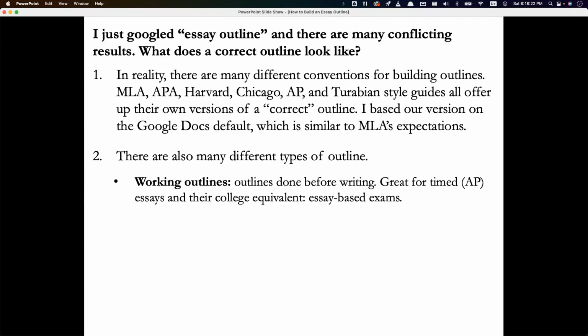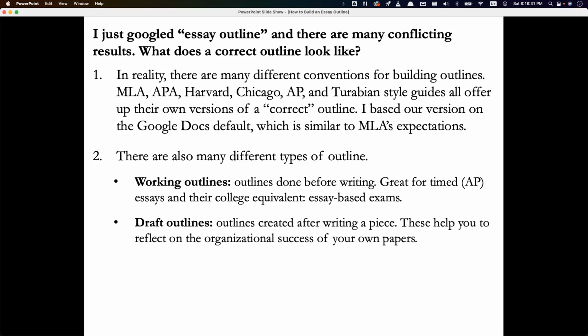They are also very helpful prior to the college equivalent of the AP exam, which of course is essay-based exams. You get a little blue book that's got 10 or 15 pages of blank paper, and you get a few prompts, and you respond for 3 hours. And that could be a final exam or a midterm exam in a college class.